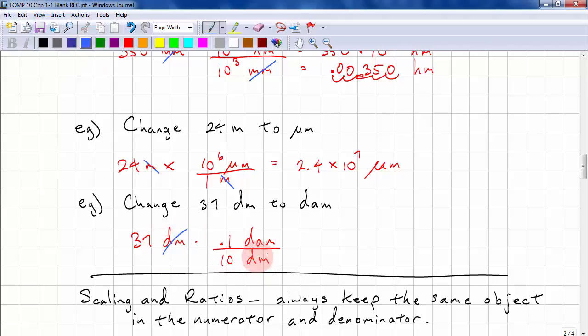The decimeters cancel out, and we have 0.37 decameters. So 0.1 is 10 to the negative 1, and this is 10 to the 1, so we have 10 to the negative 2. That means we move the decimal place twice to the left.